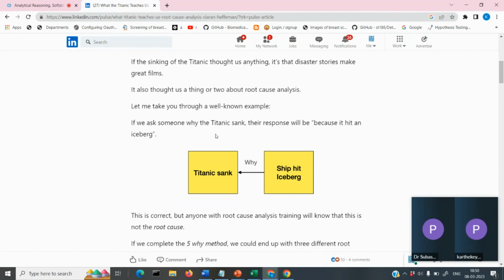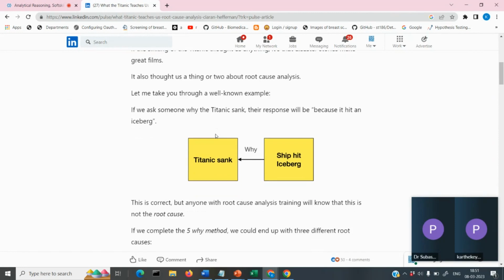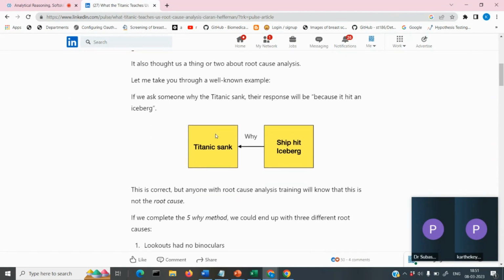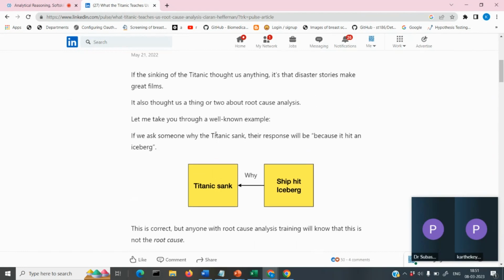Whenever we think of these kinds of disasters, we can learn from these mistakes by analyzing what caused it. If I ask you why did the Titanic sink, you will say that it was hit by an iceberg. So we can say that the iceberg caused the Titanic to sink.